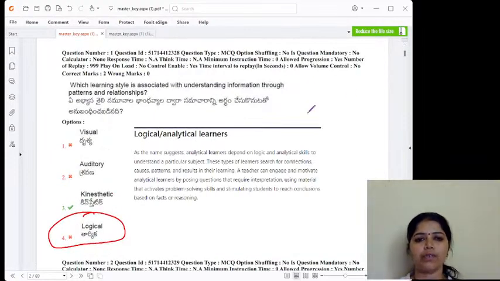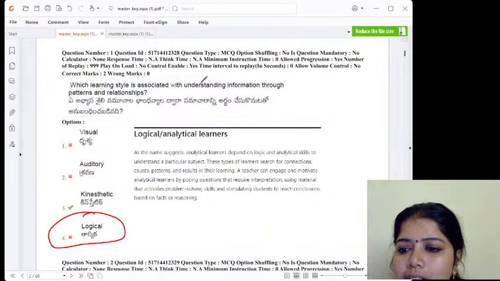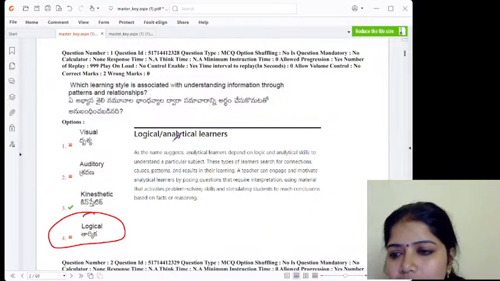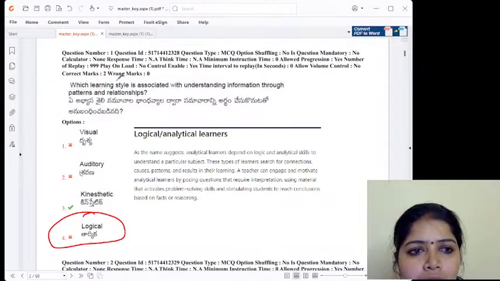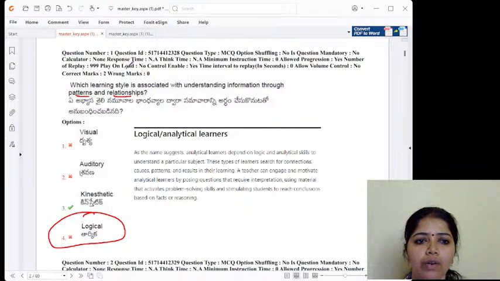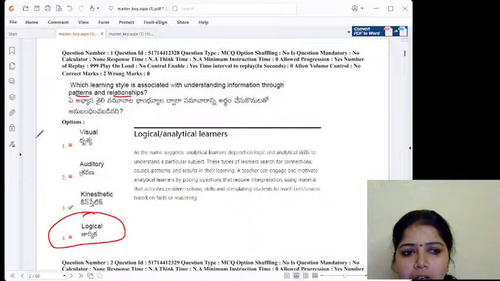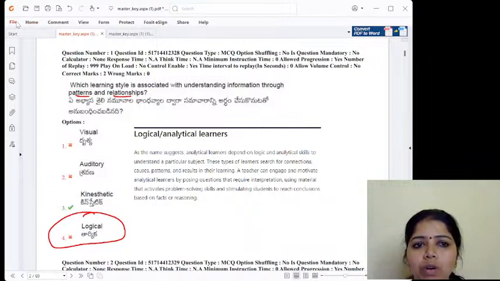So let me start from question number 1. We just get into the things directly. According to my question paper, the first question is: which learning style is associated with understanding information through patterns and relationships?